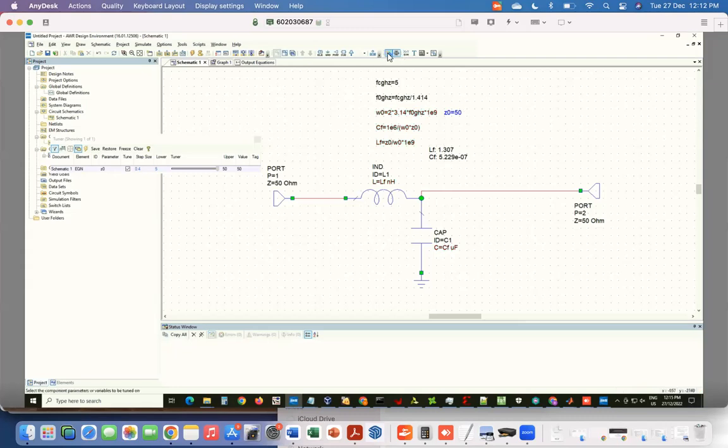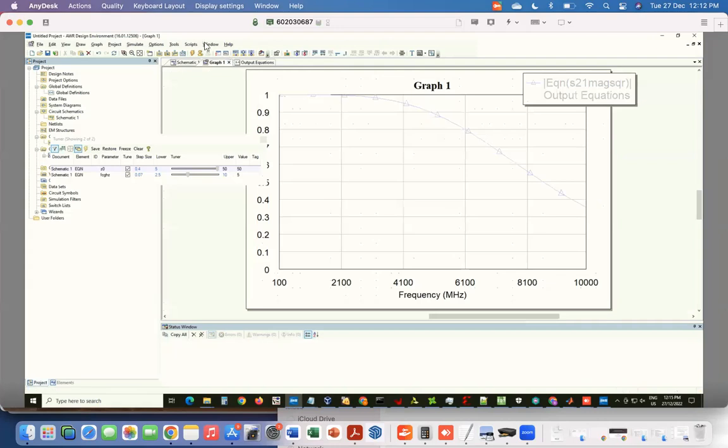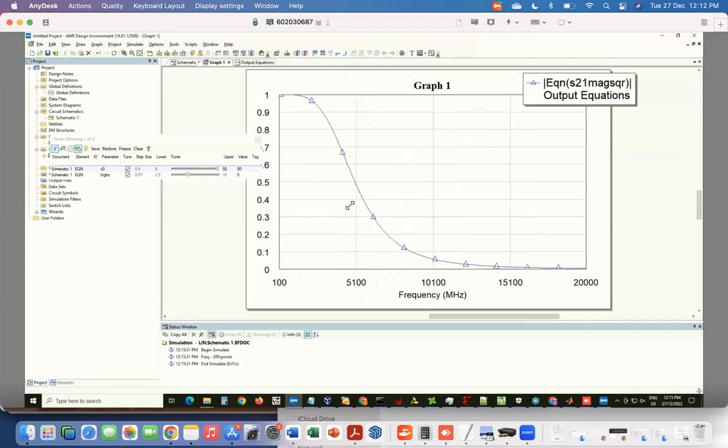So now I can just tune the cutoff frequency, which is easier to read off. Cutoff is at 5 now, and you see that at 5 gigahertz, it's exactly half, right?